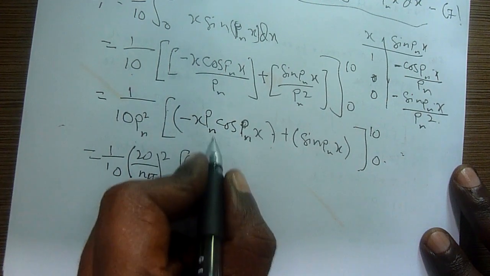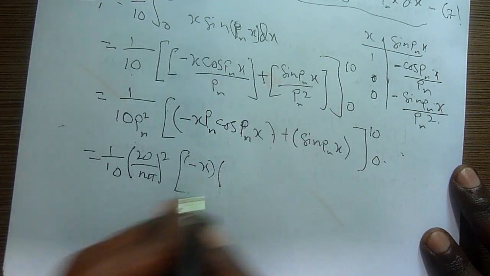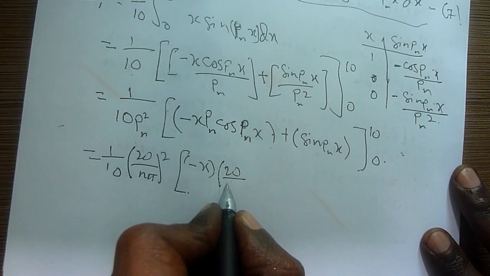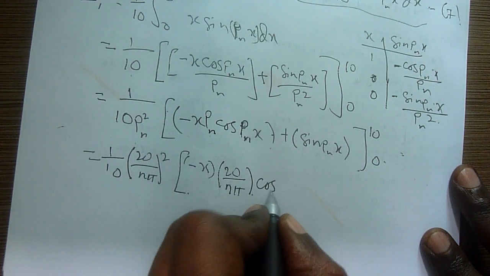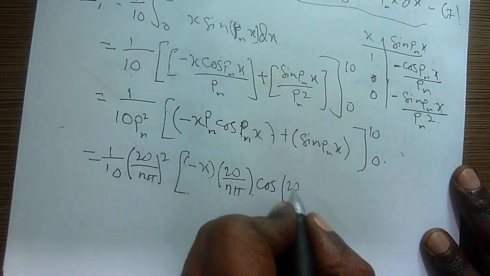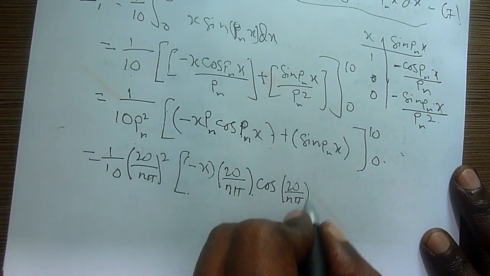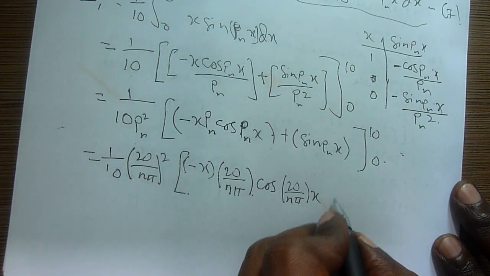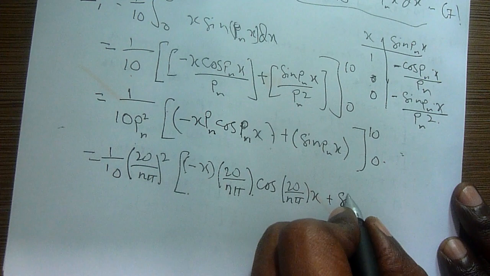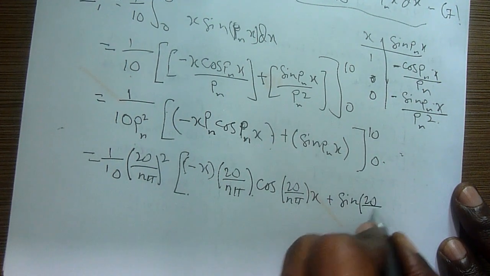Some of you say, sir, why are you doing this? Wait, there is a good reason for me to do this. Pi, cos Pn 20 and pi x. Some of you may have a different style, but I strongly recommend this way.